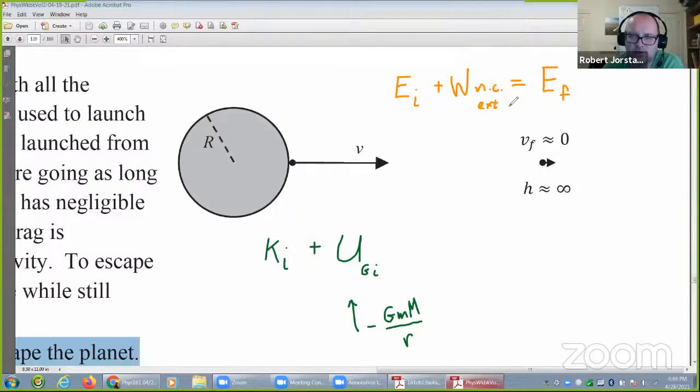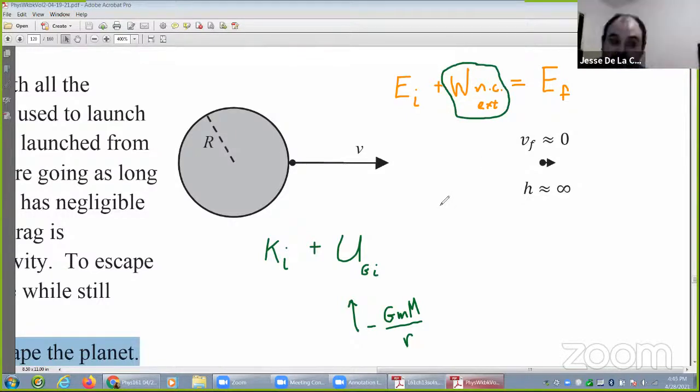Don't we have to figure out the work done by gravity as well, because there's a work equation here? No, because you already have it. Exactly, already accounted for that. Gravity is a conservative force, so we've already accounted for it.